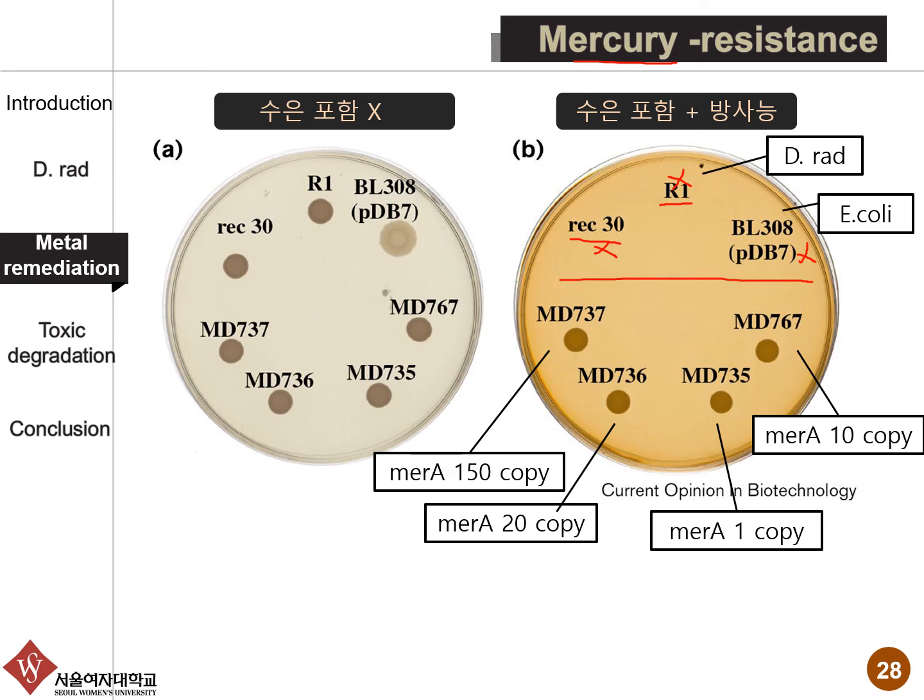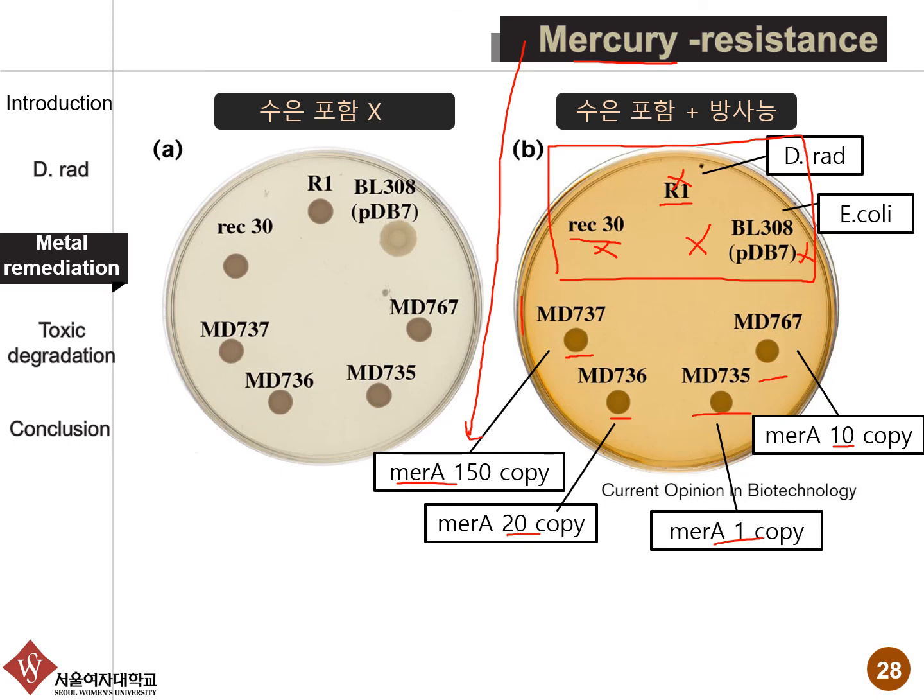So all these bacterial strains cannot survive because they lack either the REC-A or the mercury resistant MER-A. But this is the Deinococcus radiodurans with different copy numbers of the MER-A gene. The MER-A gene actually produces the mercury resistance. Okay, so MER-A gene 150 copy and 20 copy and 1 copy and 10 copy.